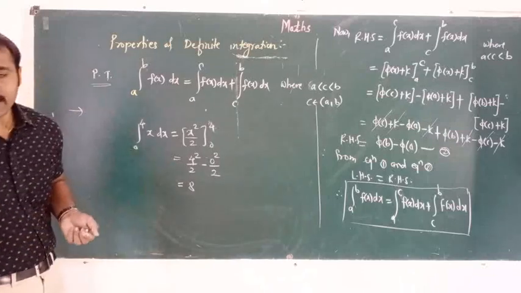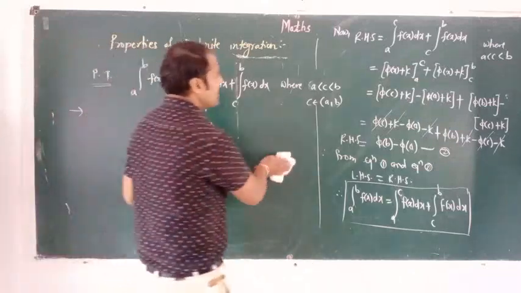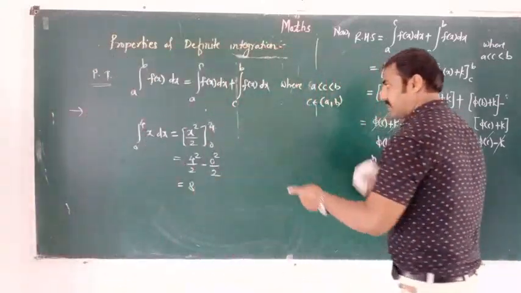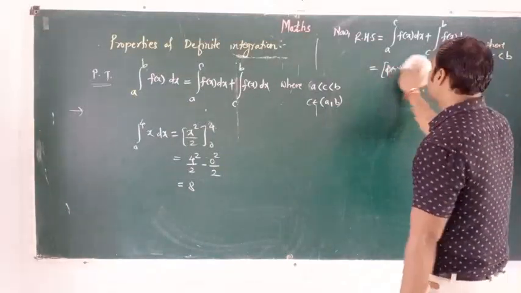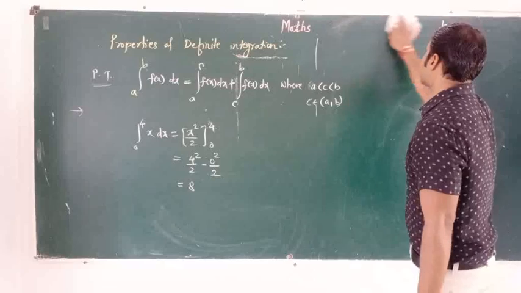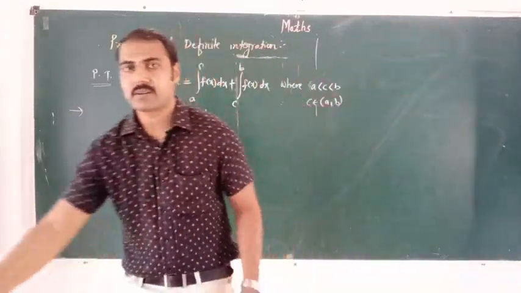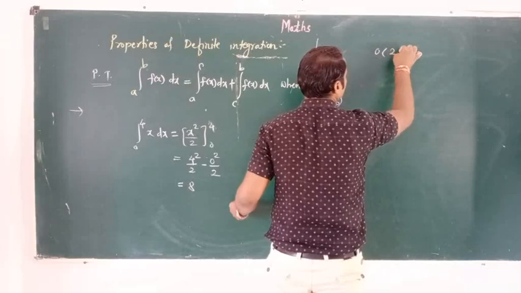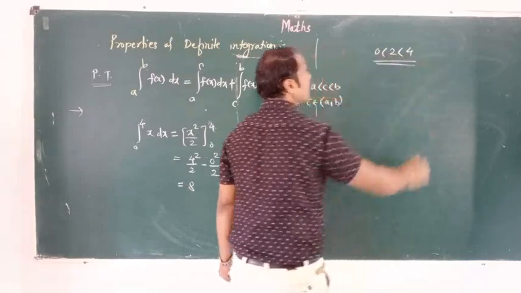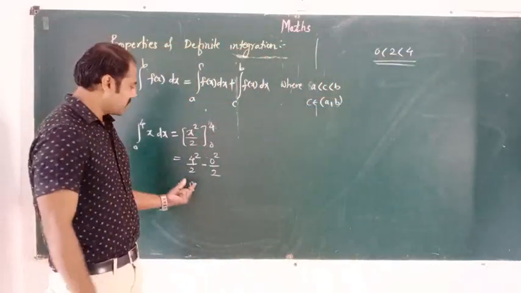Now I can write this single integration 0 to 4 x dx in two integrations. Clearly tell me, 2 lies in between 0 and 4.